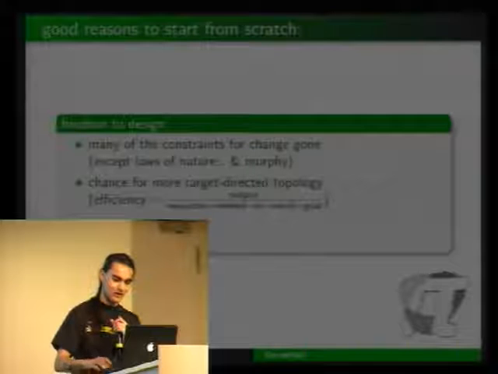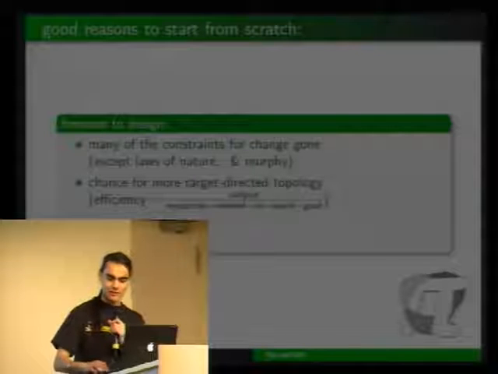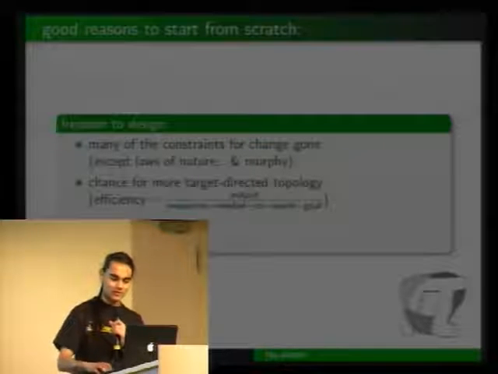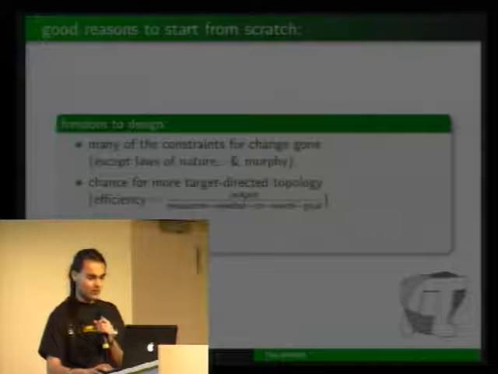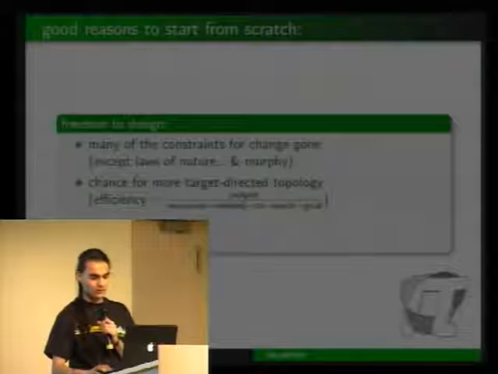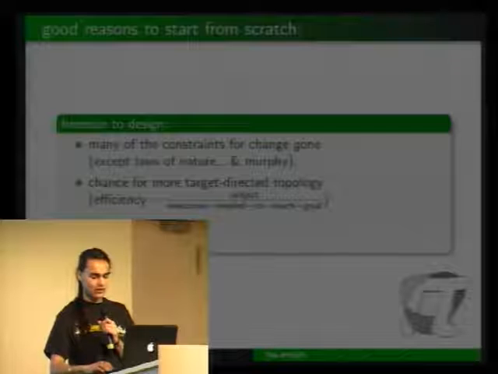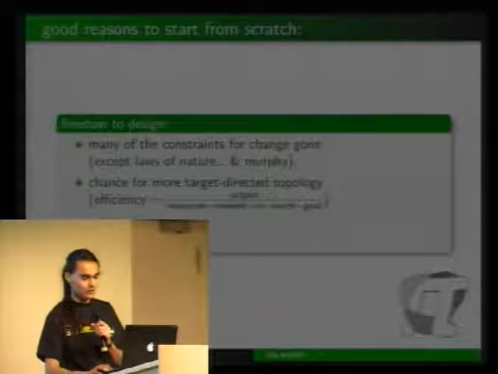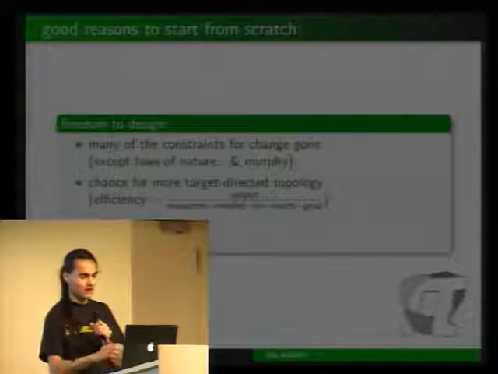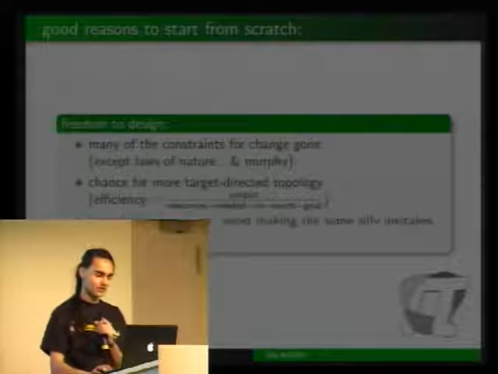And efficiency is defined as what you get out from something, divided by what you need to do for it. So there are many ways to target efficiency if you do it from scratch.